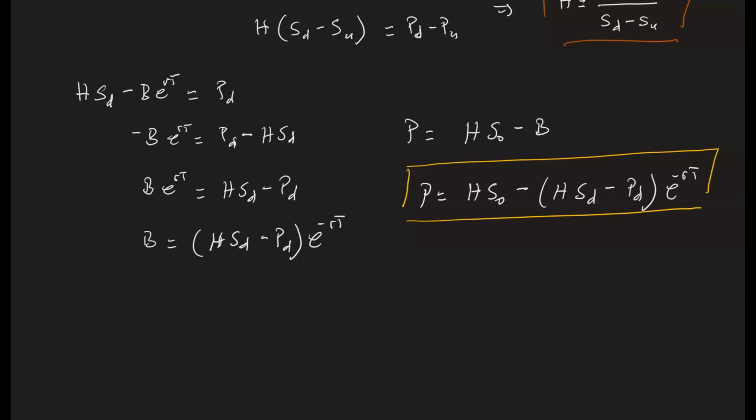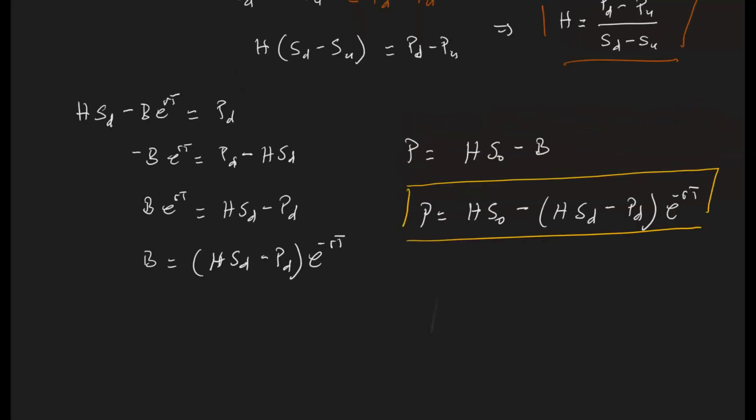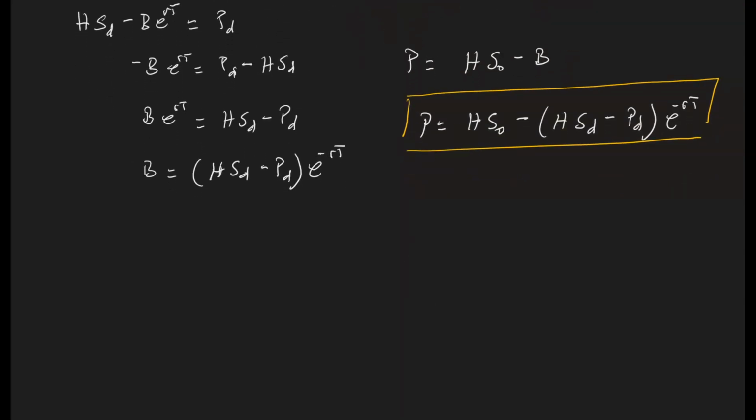Now let's work this with the same data that we had in the last example. In that last example, what we had was the following. Stock 0 was 20. Stock up was 22. Stock down was 18. Let me use a different color here just to make sure that I am consistent.